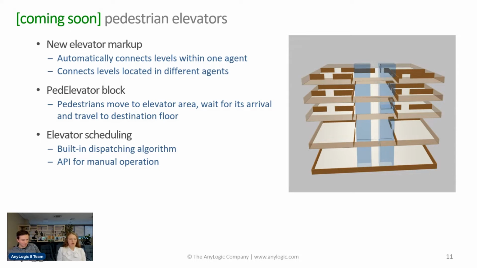And here I want to present a much bigger feature that can be used by users who simulate pedestrian flows. And this is, of course, the elevator. Why the elevator? We keep receiving a lot of questions from our users and clients on how to make a lift.